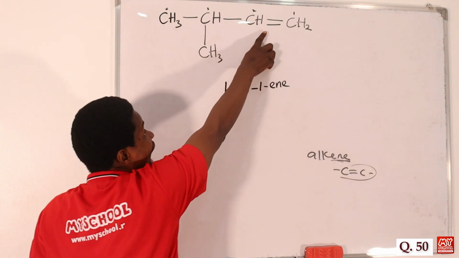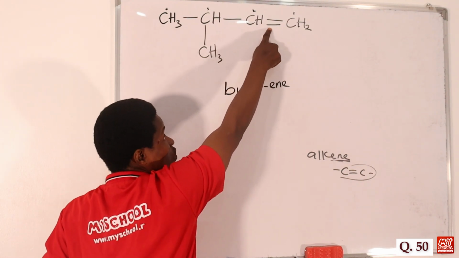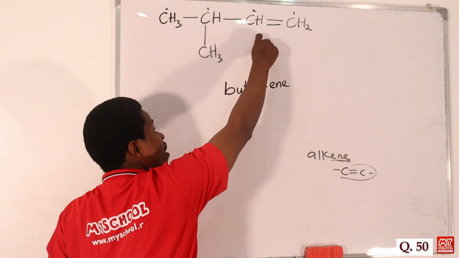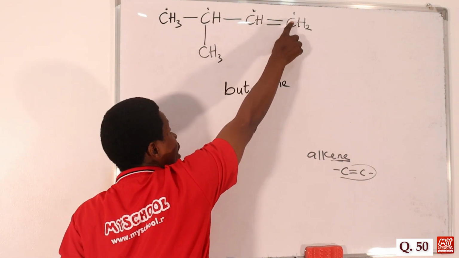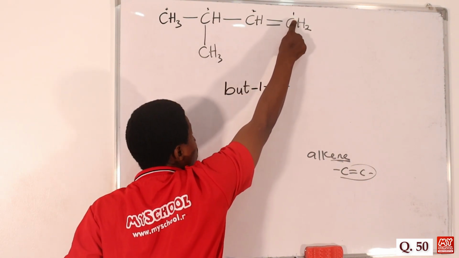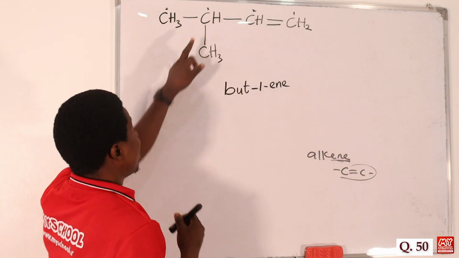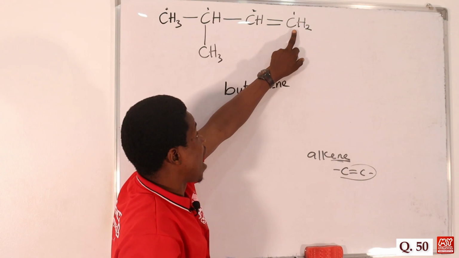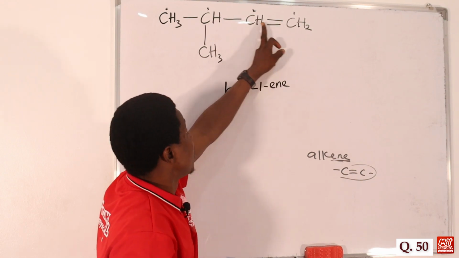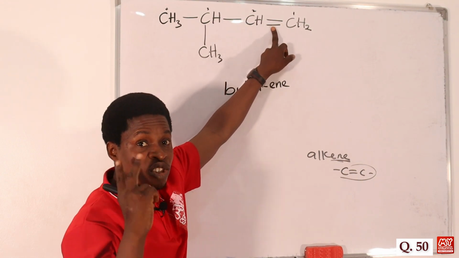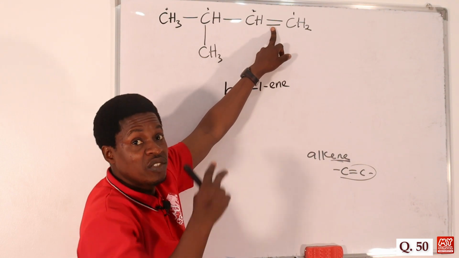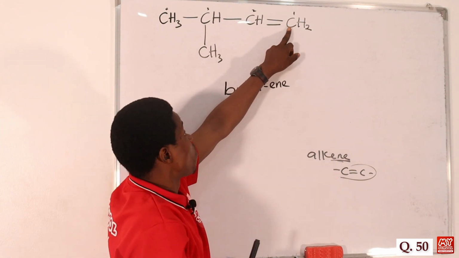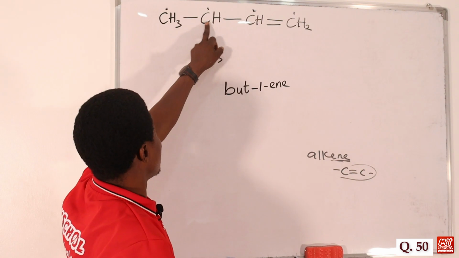But since we have a double bond here, preference must be given to this double bond. We already counted from here that this is carbon 1, carbon 2, so it doesn't matter whether it is longer or shorter. Our counting is based on this double bond, because it takes priority over the other. So carbon 1, carbon 2, carbon 3, carbon 4.